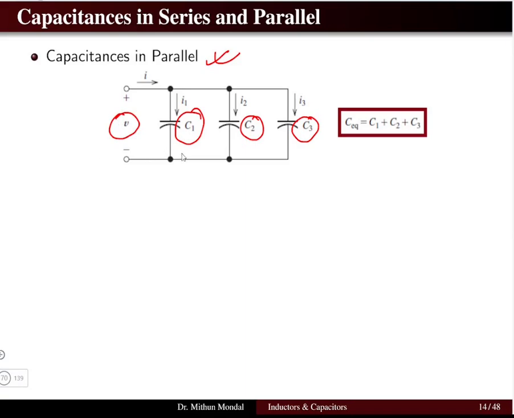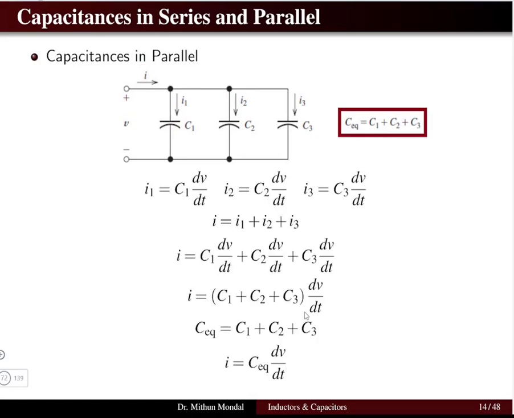And you know that when there is a parallel connection, the current will divide among the capacitors from the source current I. And we will derive that C equivalent is equal to C1 plus C2 plus C3 and so on for the nth capacitor. So when the capacitors are connected in parallel, all the capacitors will be added up to find the total equivalent capacitance. How can we derive that?